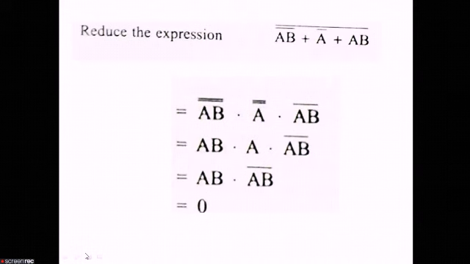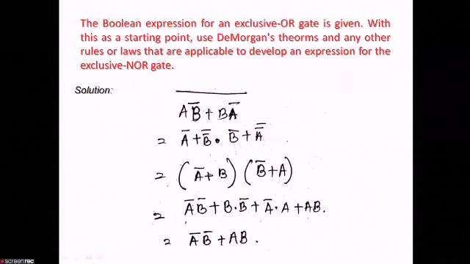Next, we are going to the next slide. So here the Boolean expression for an exclusive OR gate is given. With this as the starting point, we have to apply other laws.